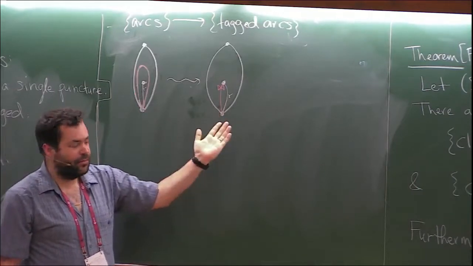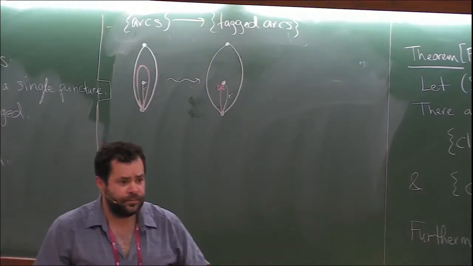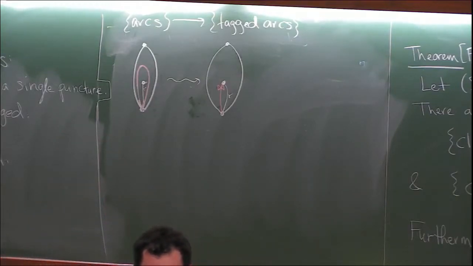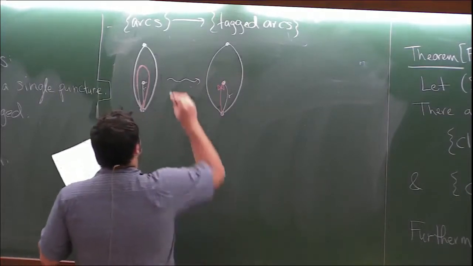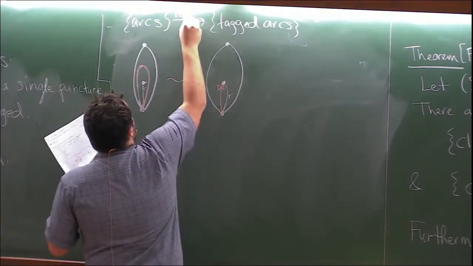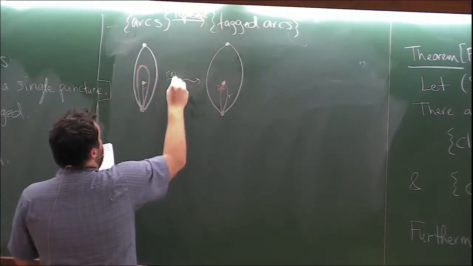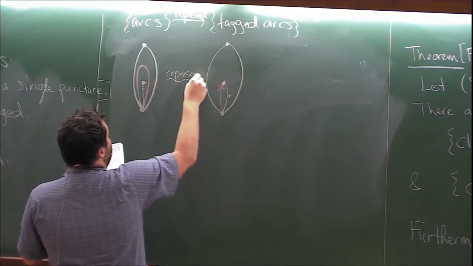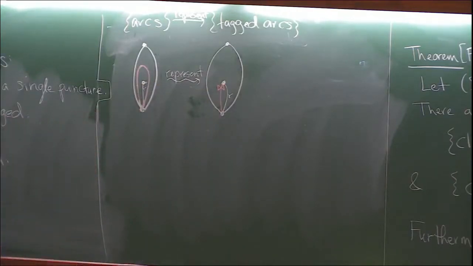And if I'm not the loop of a self-folded triangle, I just leave it alone. So I can represent every arc by a tagged arc. If it's a loop of a self-folded triangle, I replace it like this. If it's not, I don't add any taggings.